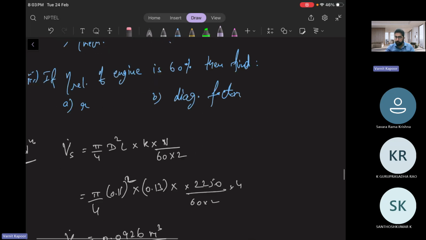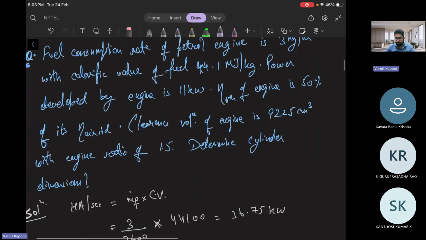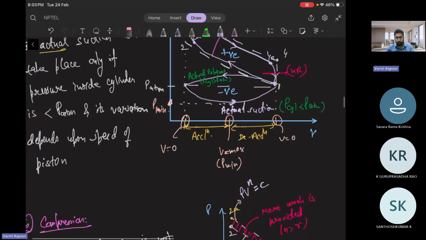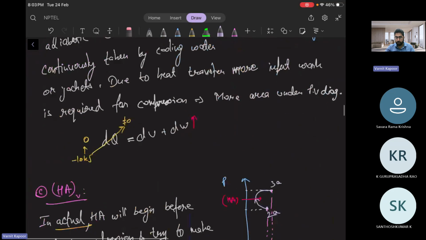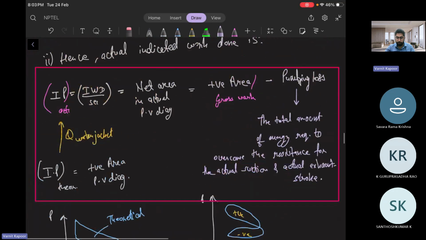The actual PV diagram we have discussed in very detail. You have joined in the latter half of the cycle. I've explained that here, this whole PV diagram with all the processes. I think you need to revisit this tutorial from the start in the recordings. So I've mentioned here QWJ is the water jacket, this yellow color.